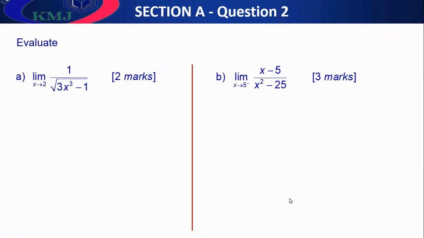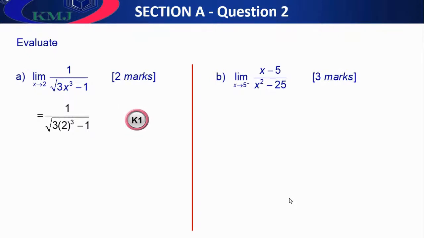Question number 2. Find the limit of 1 over square root of (3x cubed minus 1) as x approaches 2. First step, we need to substitute x equals 2 into the function. So, 1 mark when we substitute it.